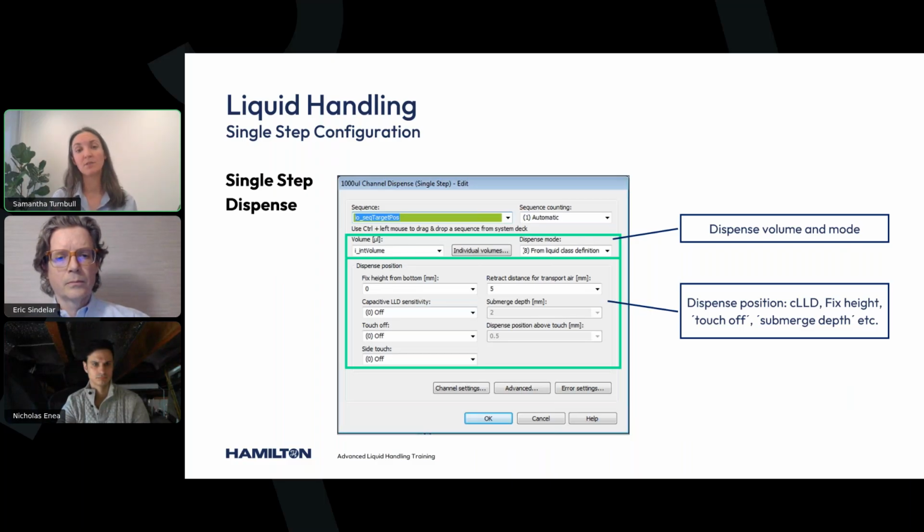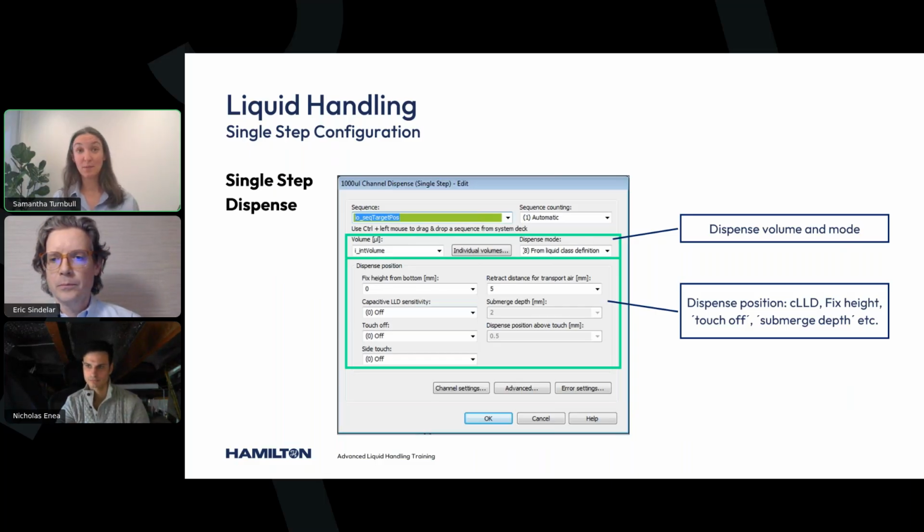You also have the option for liquid level detection. So if you are dispensing into a liquid that is already contained in your target container, you can use that liquid level detection again. There are a couple other modes listed here, touch off and side touch, which I'll go into more detail with in a few slides.